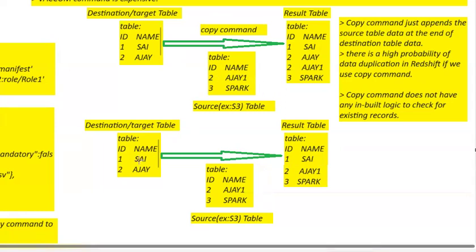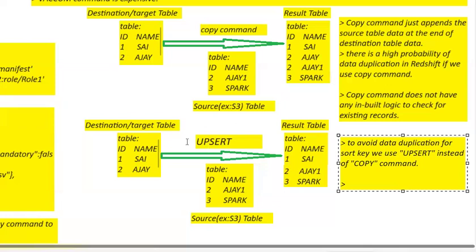Here you can see the new record, that is Spark 3, that will be placed, and in place of Ajay, Ajay1 is replaced. That is nothing but updation. So both updating and inserting are done combinedly by using UPSERT. UP stands for updating and SERT stands for insertion.